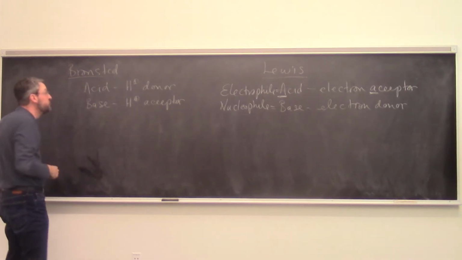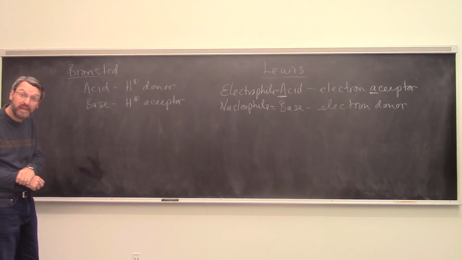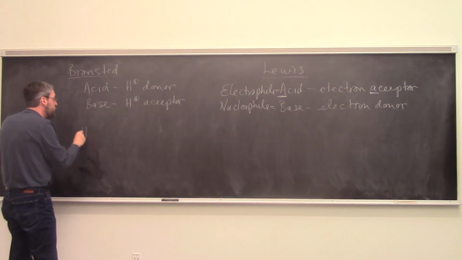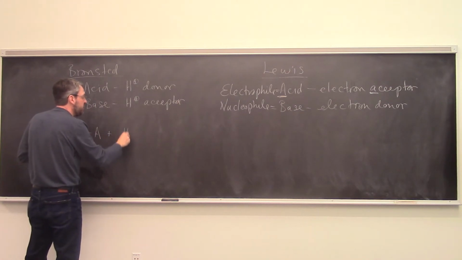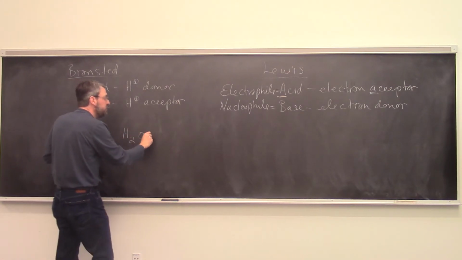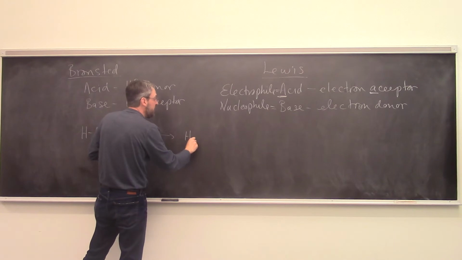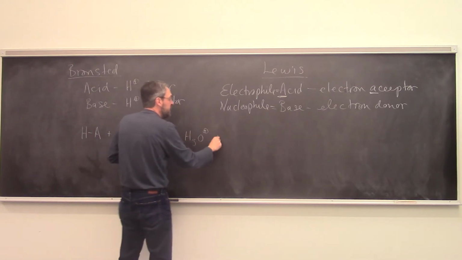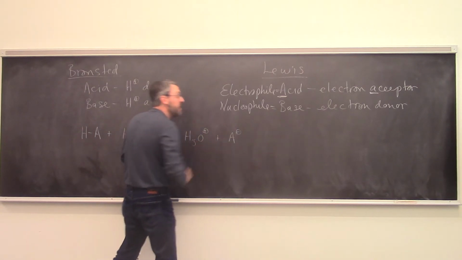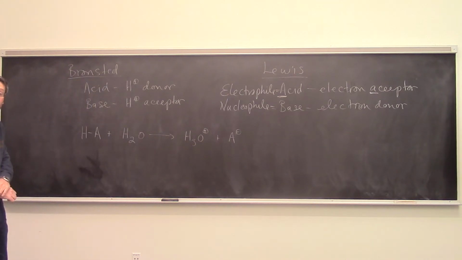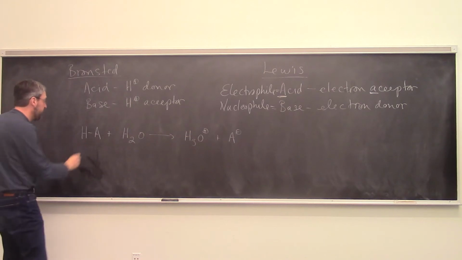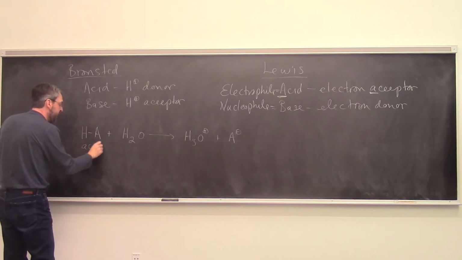Okay, so if we think generally about a Bronsted acid-base reaction, right, in the most generic sense, HA, which is our acid, you can think about this dissolving in water, and going to then become H3O plus and A minus, right? So that would be an acid dissolution, an acid dissociation reaction. Okay, this is the acid.